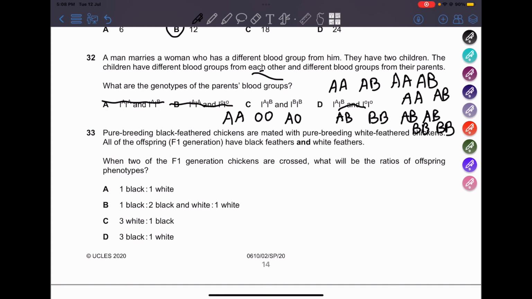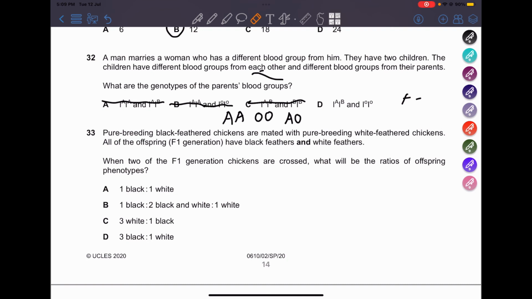So no, they don't still have different genotypes from each other. So C also isn't going to work, which leaves us with our only option left, which is D. So let's try it out. Now AB and OO. Now it's going to give us AO and AO again, BO, and then BO again. So this actually is going to be the correct option.